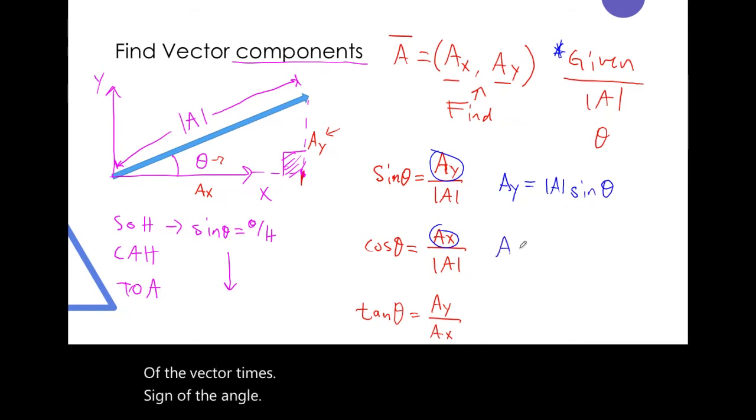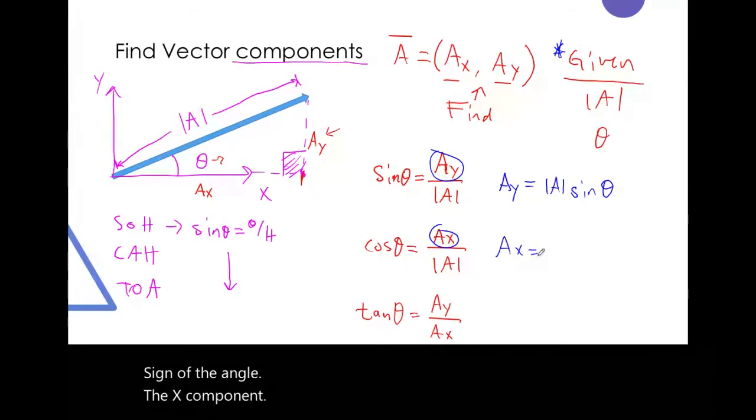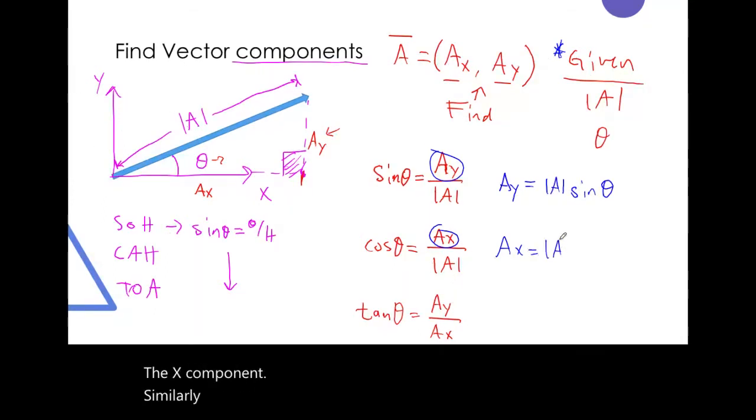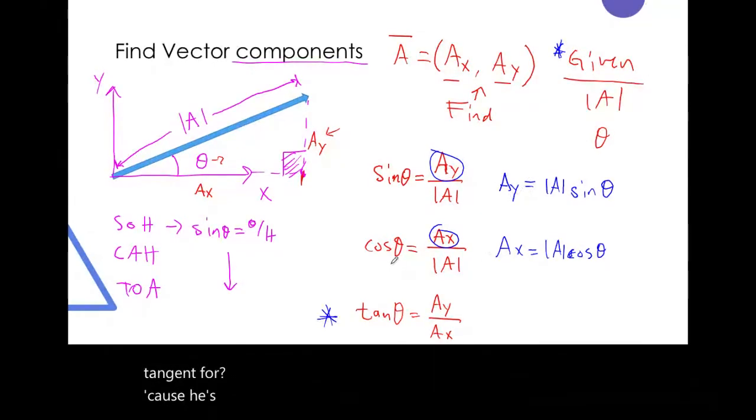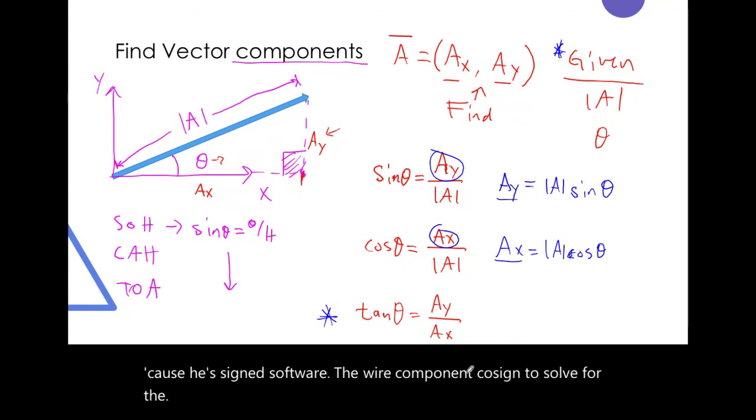The x component similarly is given by the magnitude times cosine theta.